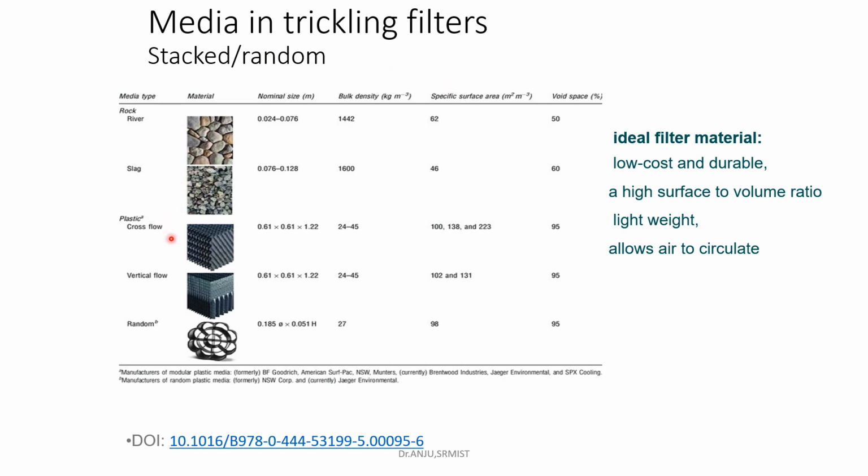Earlier, rocks or slags were used as the media in the trickling filters. Nowadays, synthetic materials are being used as the media in the trickling filters. So here they are broadly classified into two types, that is stacked or random filling media. So these stones, slags are of the random media type, and the synthetic material can be of stacked or random type.